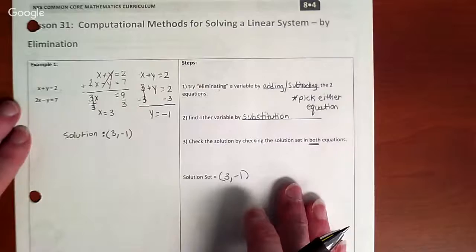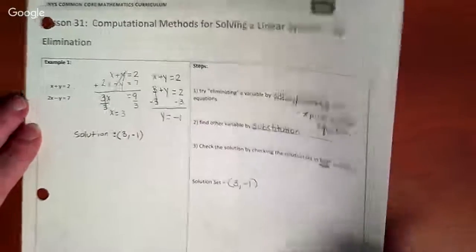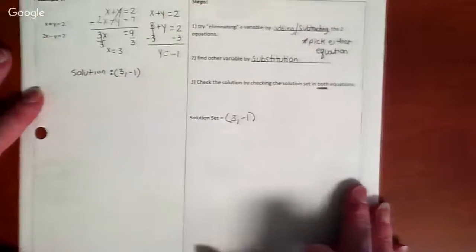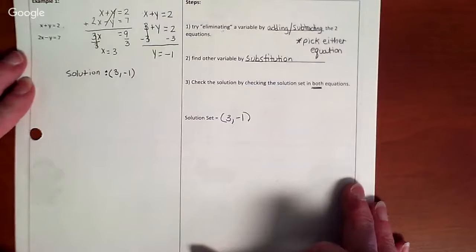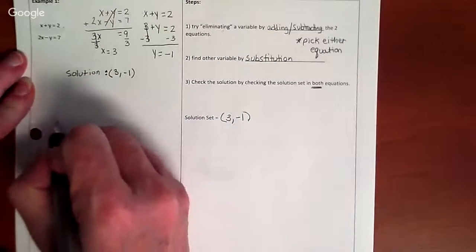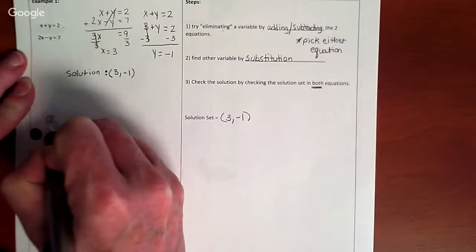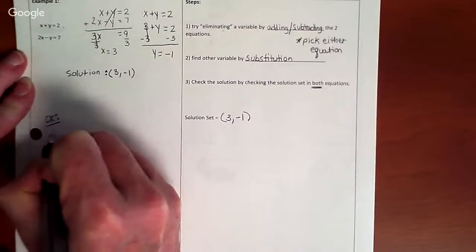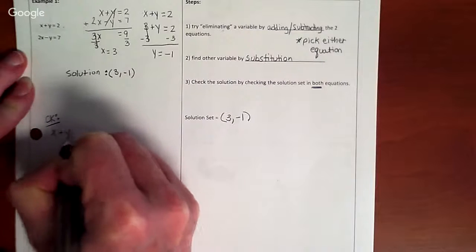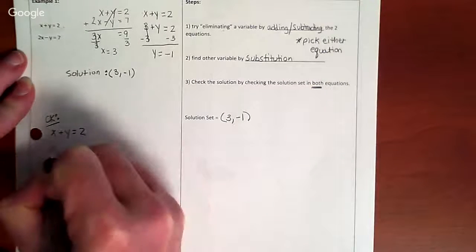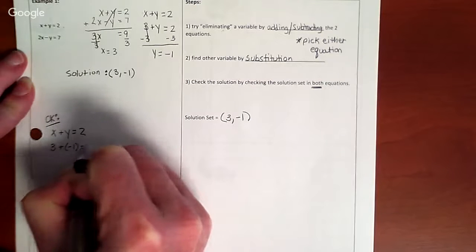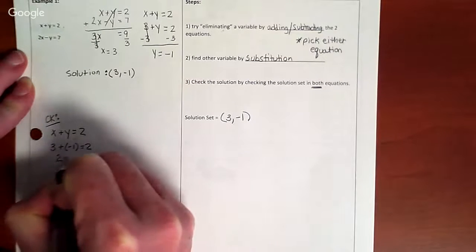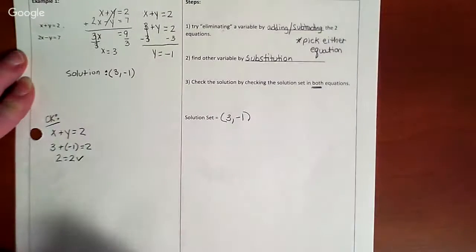Now let's check our solution. Our solution set is (3, -1). So x plus y equals 2: 3 plus -1 equals 2. 2 equals 2, and that checks.